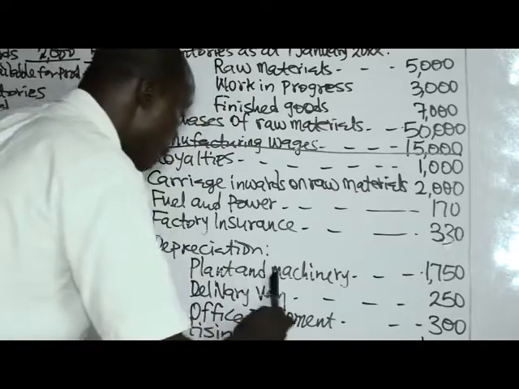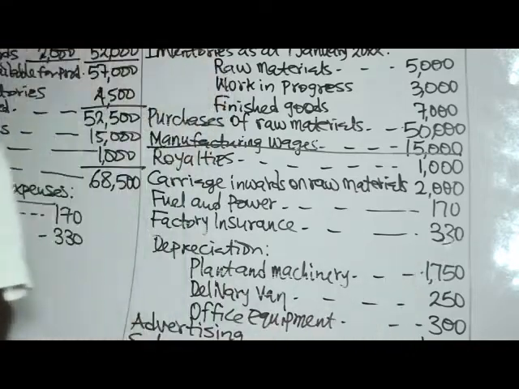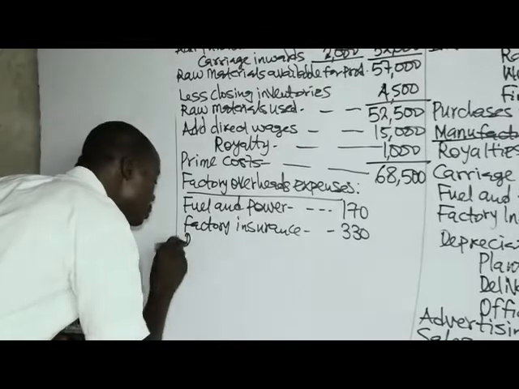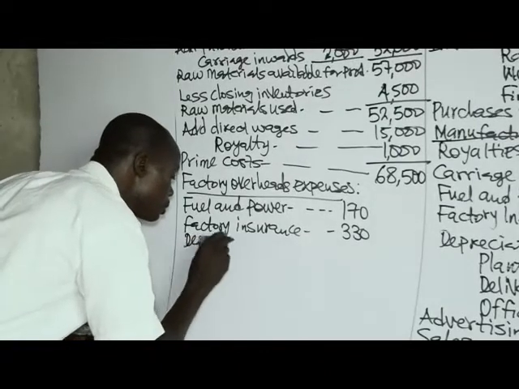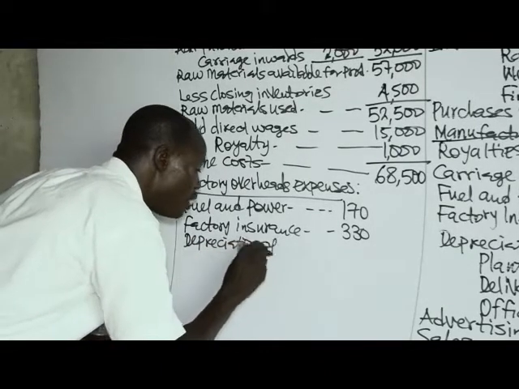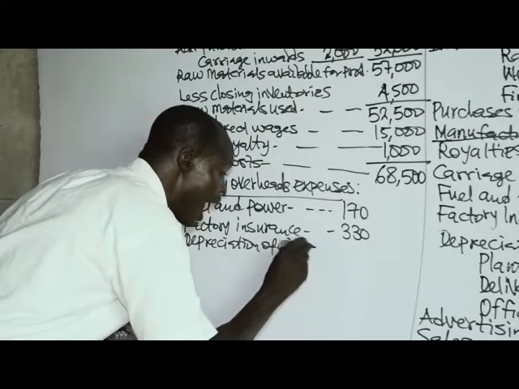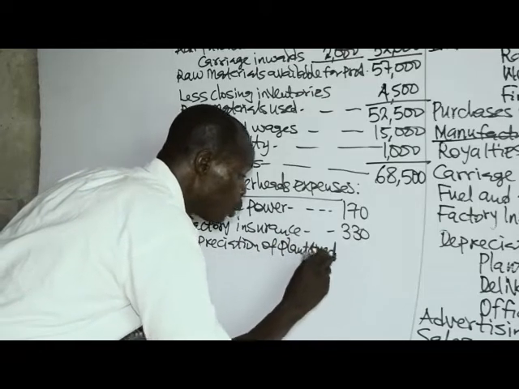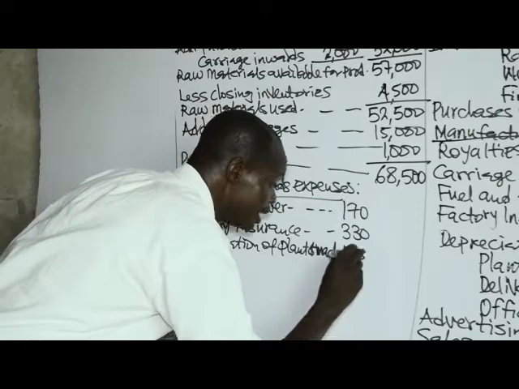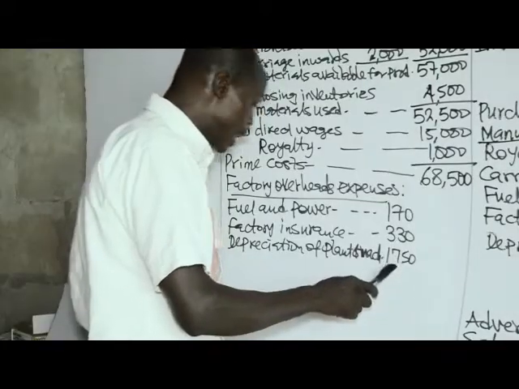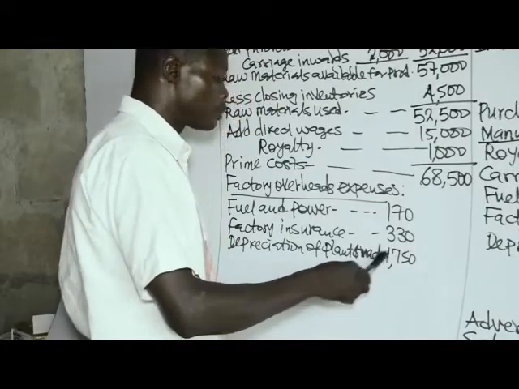Now we have depreciation on plant and machinery of 1,750. That should be treated as part of the factory overheads.